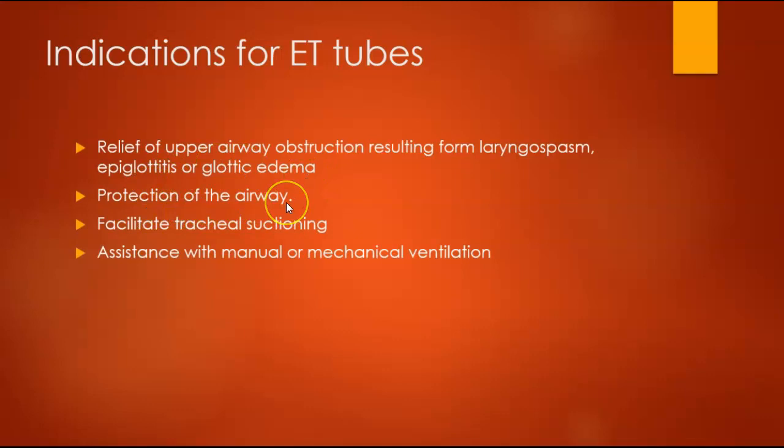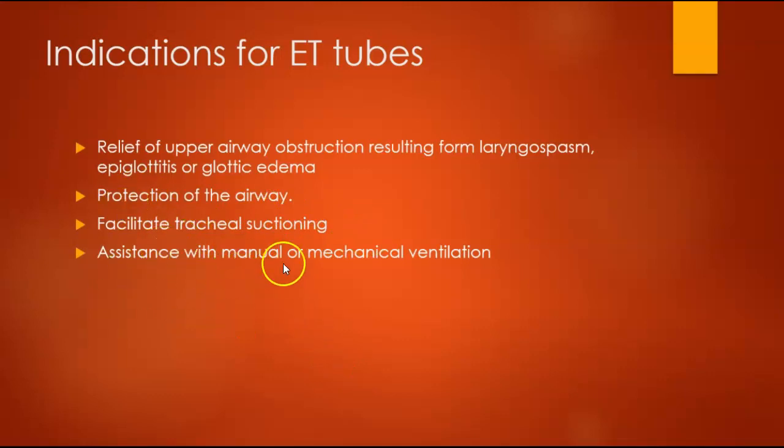We do it also to protect the airway. So if I have a patient that's seizing or is not very responsive, I might prophylactically intubate them just to protect their airway. If I have to suction a lot of secretions out of my patient's lungs, I might choose to intubate them to help facilitate that suctioning if it's bad enough.